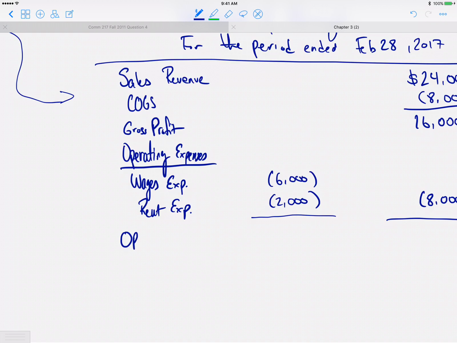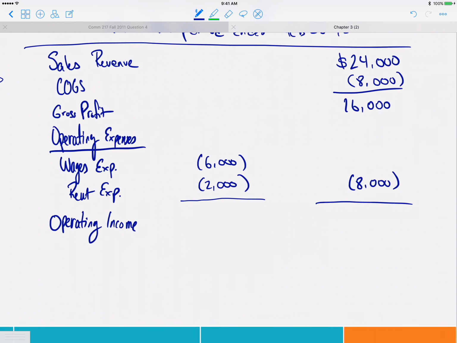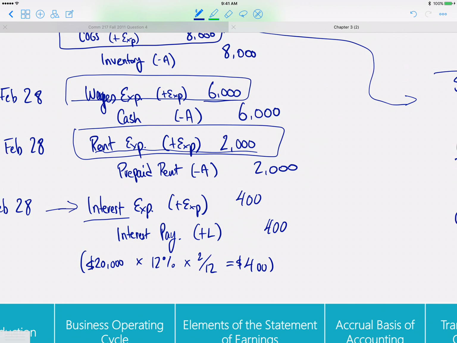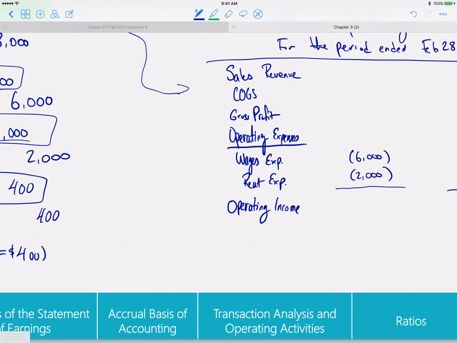So this gives us our operating income. So $16,000, right? Subtracting $8,000, that's going to give us an operating income of $8,000. So we're going to look back at our entries, and we have an interest expense for the period of $400.